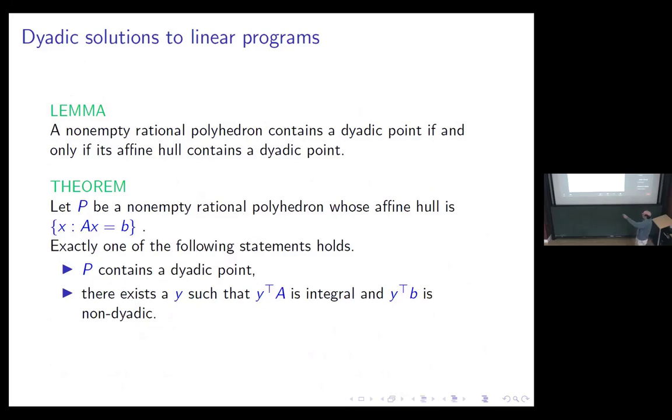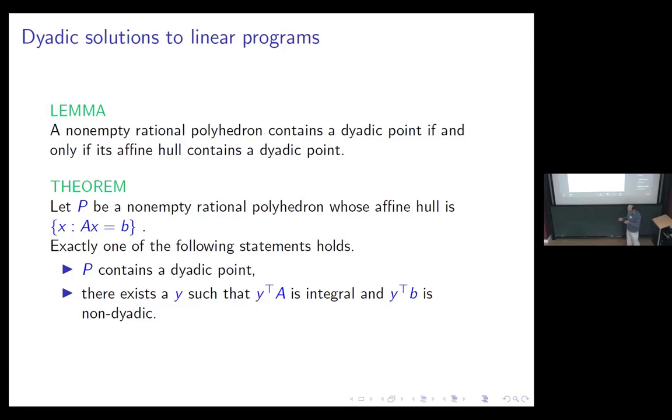And maybe the key lemma here is that a non-empty rational polyhedron contains a dyadic point if and only if its affine hull contains a dyadic point.